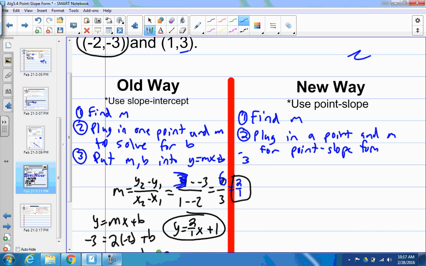And then finally we will solve, and if we want to put it in slope-intercept form, then we can solve for y to get it back.